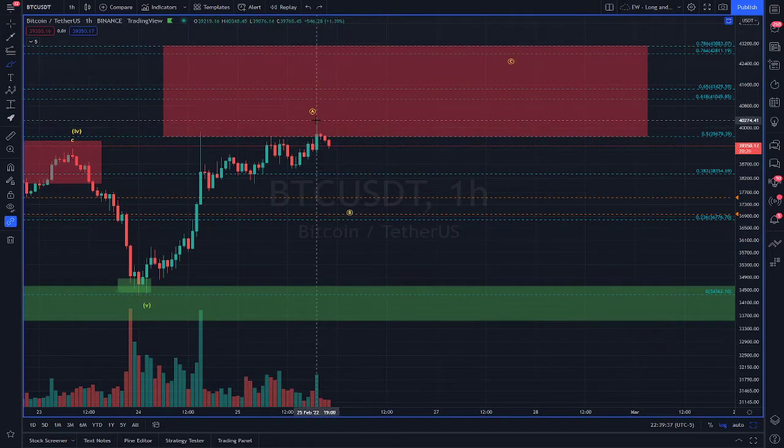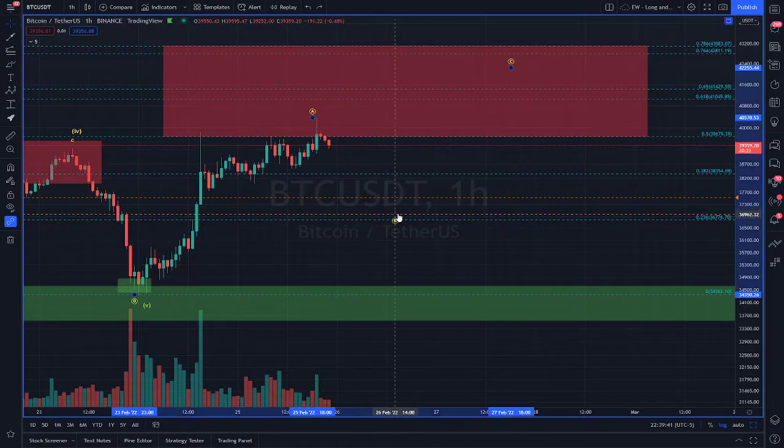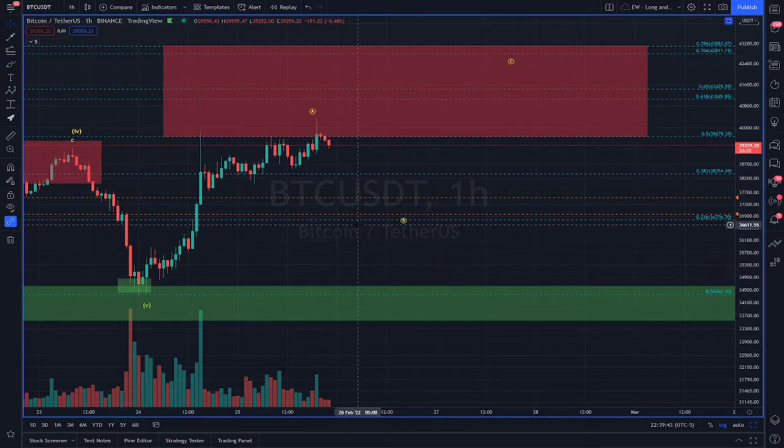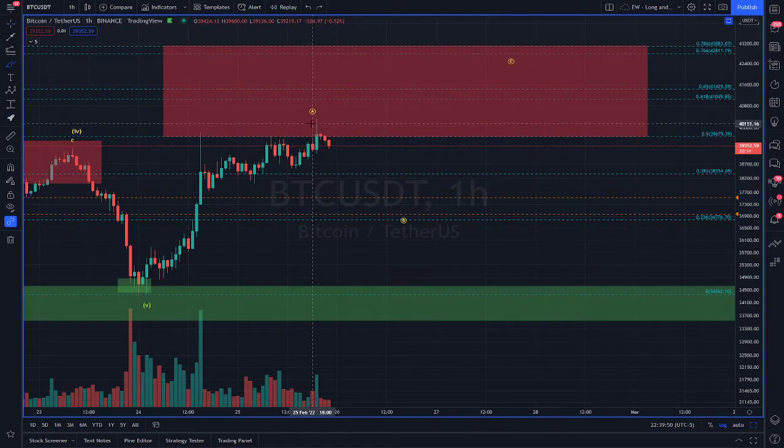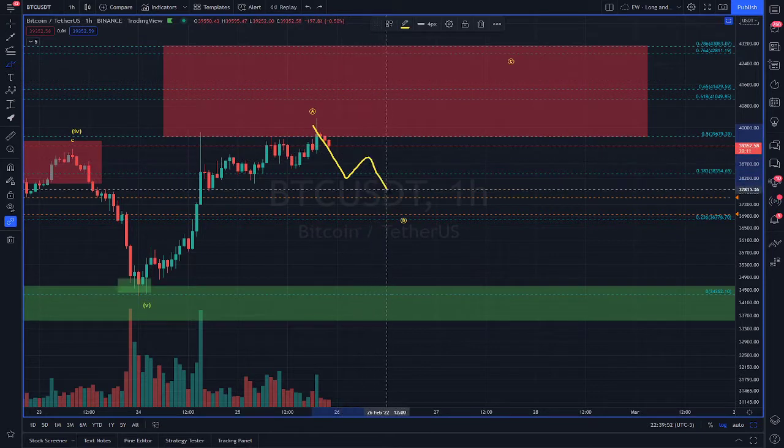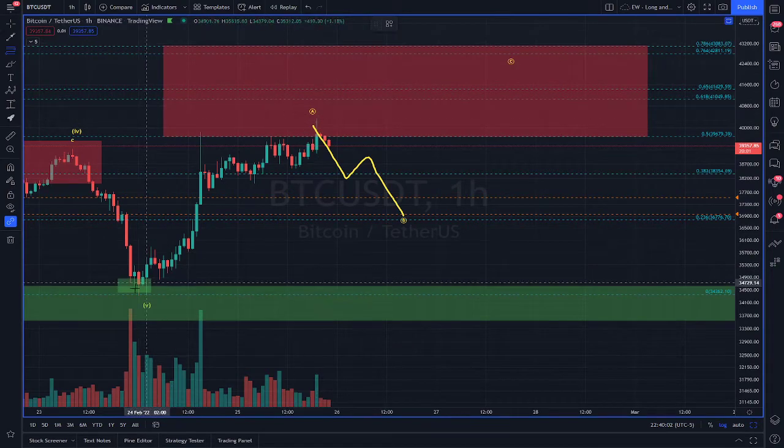If we come down from here, the way that it comes down is going to be important for me to potentially want to scalp along in that area. If we do something that looks pretty clear as a three-wave move down, and we hold, let's pretend for a minute that's the top already.